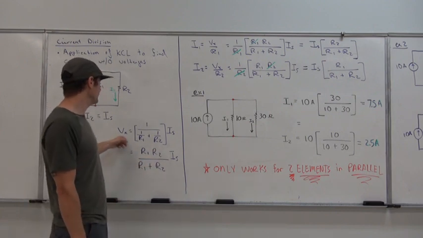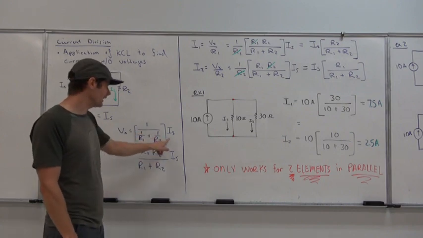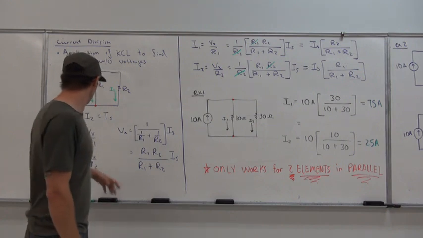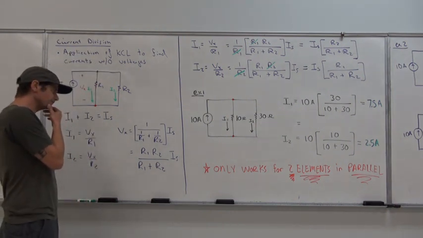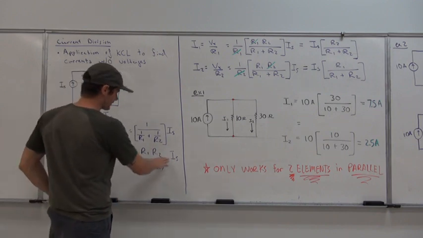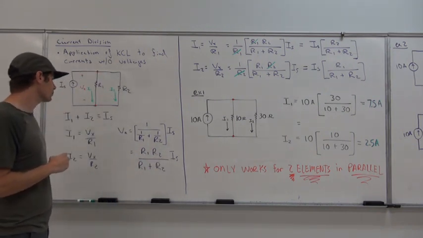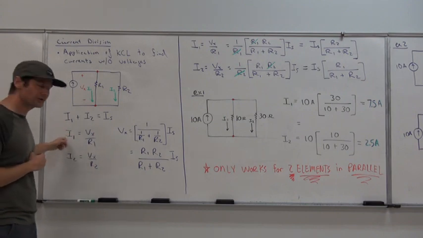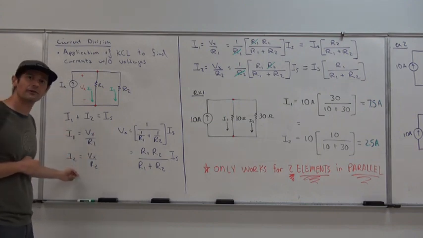So Vx is equal to the equivalent resistance times that source current. If I have Vx in terms of resistance and current, then I can substitute Vx back into the equation for I1 and also the equation for I2.